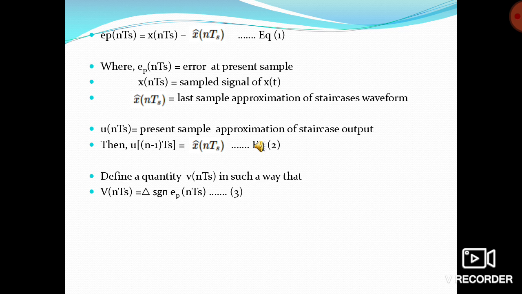If we assume that u(nTs) is the present sample approximation of the staircase output, then u((n-1)Ts) is equal to x^(nTs), which is the last sample approximation of the staircase waveform. Let us define a quantity v(nTs) in such a way that v(nTs) is equal to del times sign of ep(nTs). This means that depending on the sign of the error ep(nTs), the sign of step size del is decided.